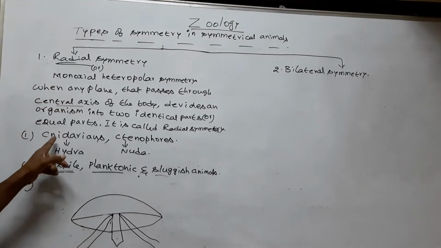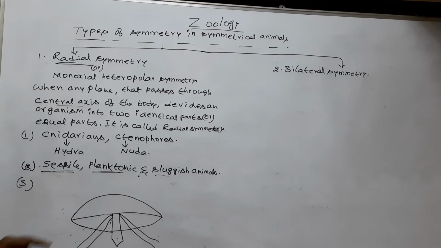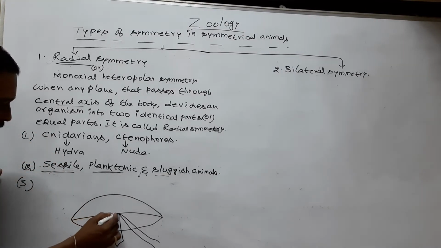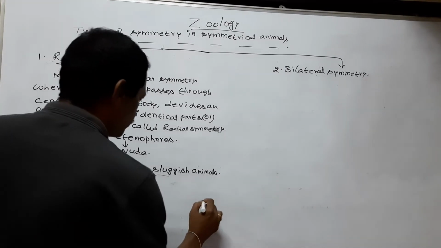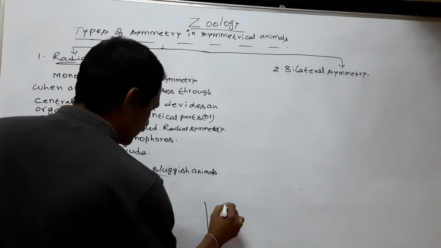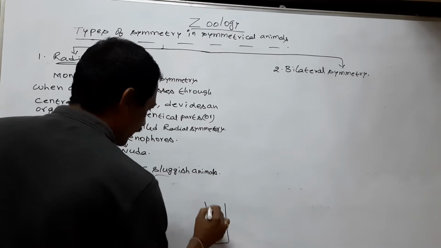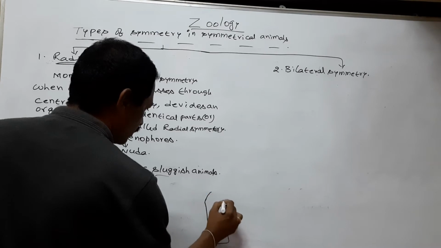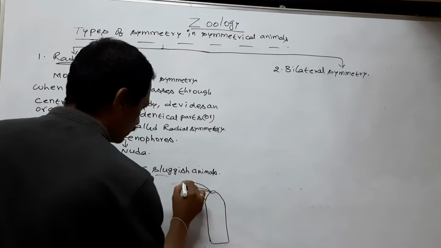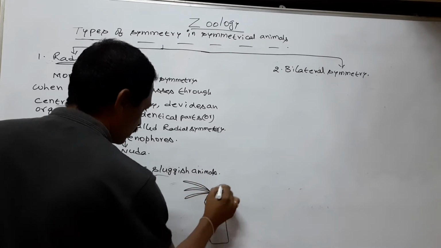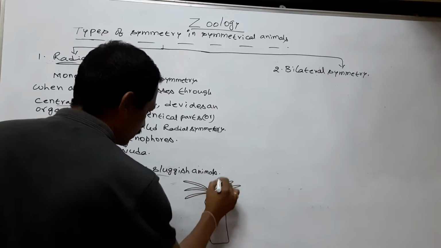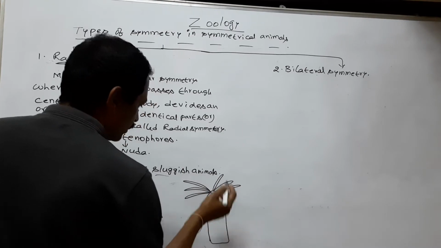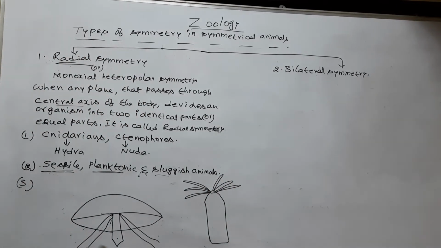Aurelia is a cnidarian. Next to it, Hydra. Hydra is an example of a cnidarian. So this is Hydra.